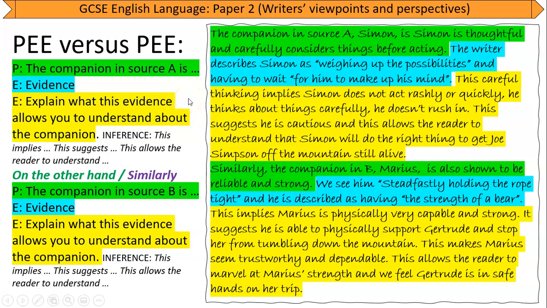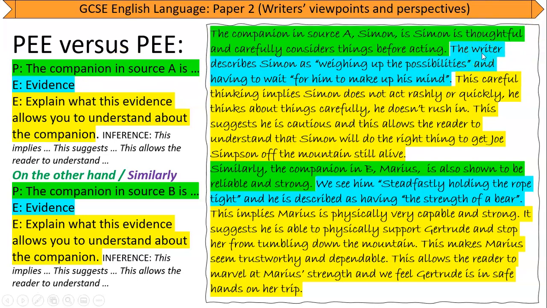Let's read through together, noticing the structure as we go. Point. The companion in source A, Simon, is thoughtful and carefully considers things before acting. Evidence. The writer describes Simon as weighing up the possibilities and having to wait for him to make up his mind. Explain.